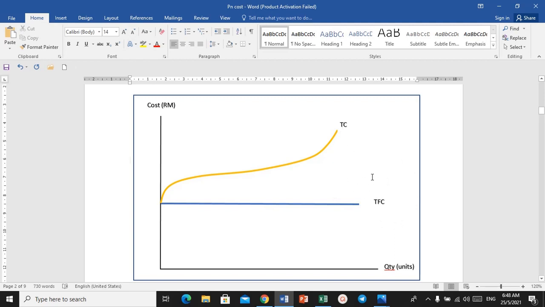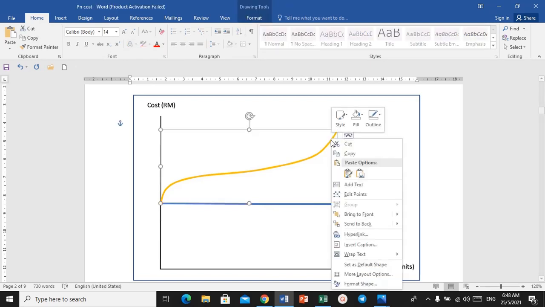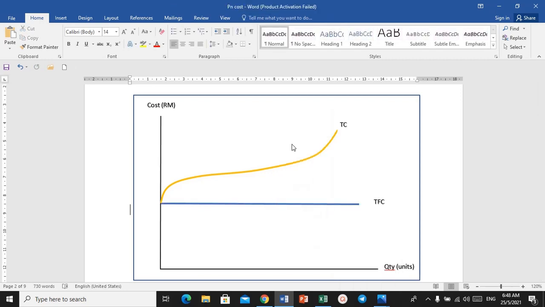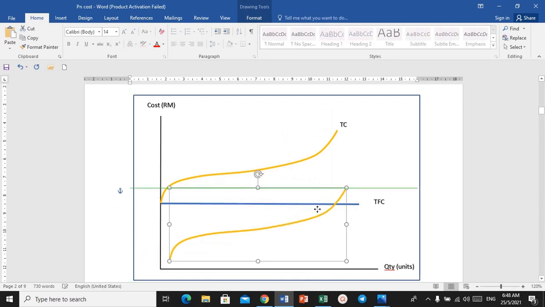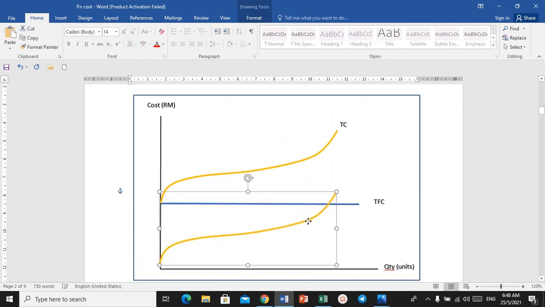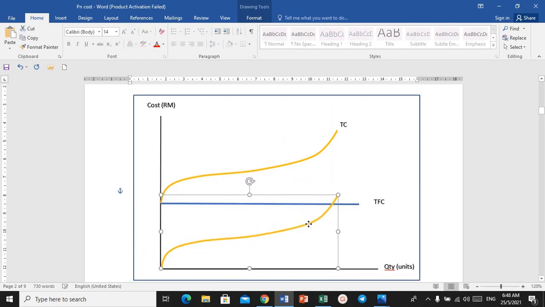Okay, next I'm going to draw the last curve, which is the total variable cost. Everybody, please watch. How should I do this? So you are going to have your total variable cost.